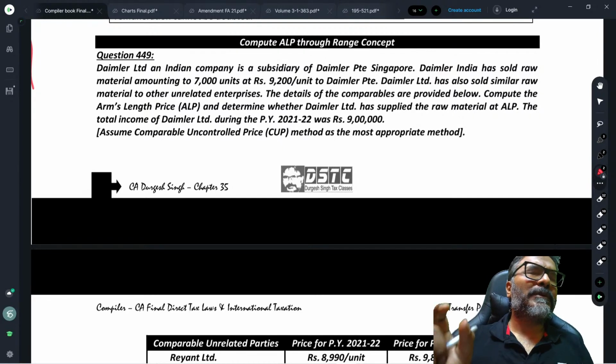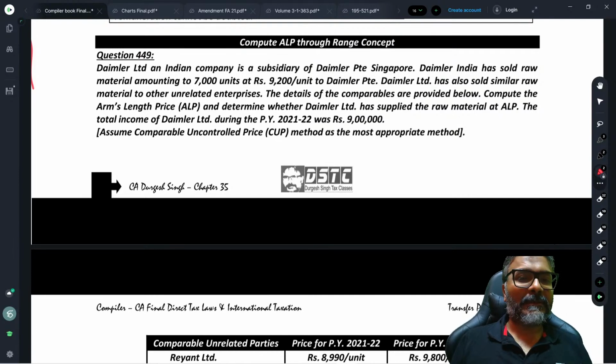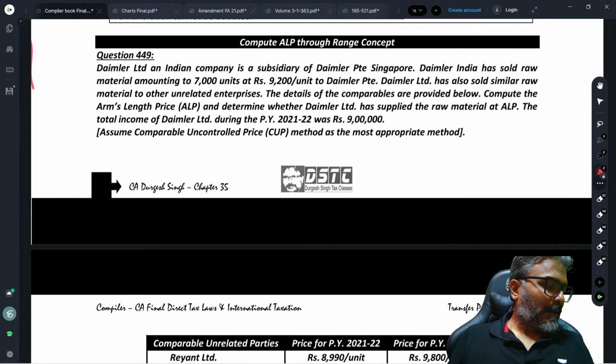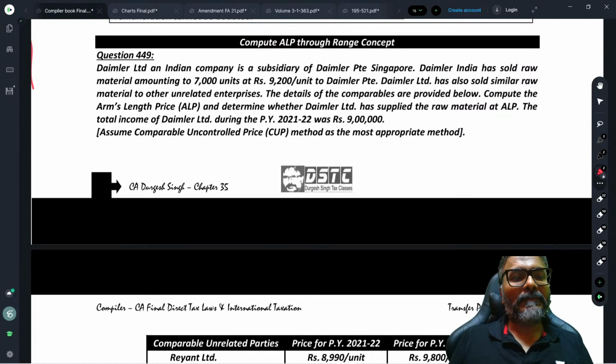Say, for example, students, when you have entered into an international transaction in which you have charged the transfer price. So obviously you have charged a transfer price in the international transaction, isn't it? Now subsequently, students, obviously the ALP would be determined. And to determine the ALP, students, you will follow various methods. There are in all 5 methods.